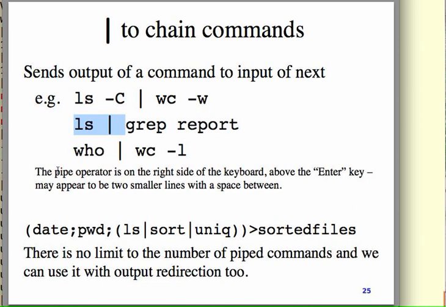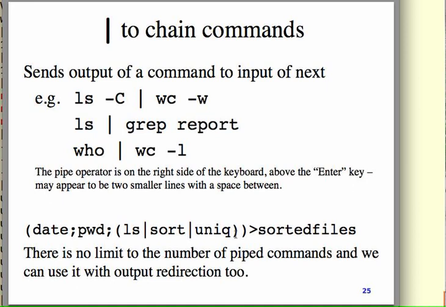Okay, so once again, the pipe operator is on the right side of the keyboard above the enter key. It may appear on some keyboards as two smaller lines with a space right in the middle. So there'll be a small space right in the middle over here. Okay. And for example, there's no limit to the number of piped commands. You can have one command after another, and people do that in scripts a lot.